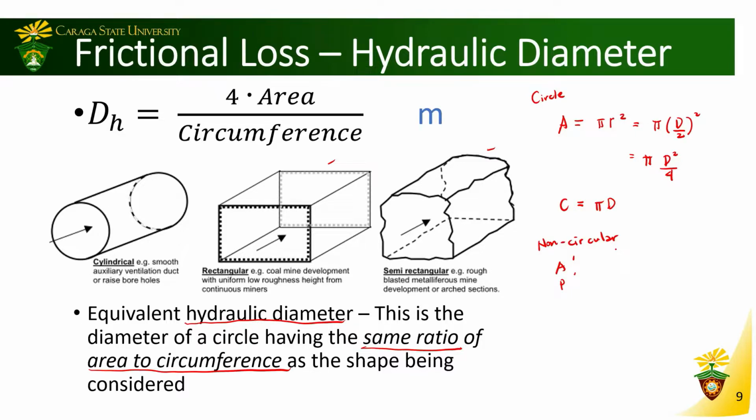So the ratio of the area to the perimeter, since it is not circular, should be equal to that of a circle, which is this one, the area and the circumference.